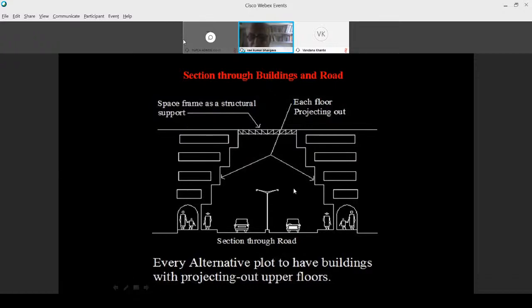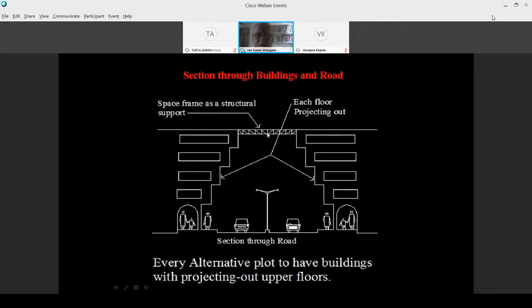Friends, you know that during an earthquake, cantilever projections are dangerous, rather very dangerous, because the center of gravity is disturbed in such projections. To keep this structure balanced, the solution is at the top. Each floor is projecting out.